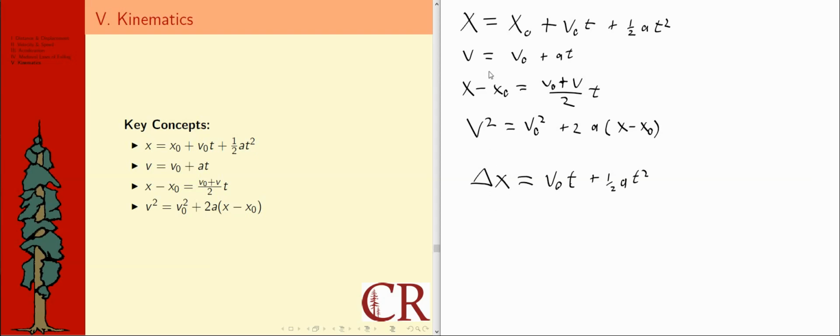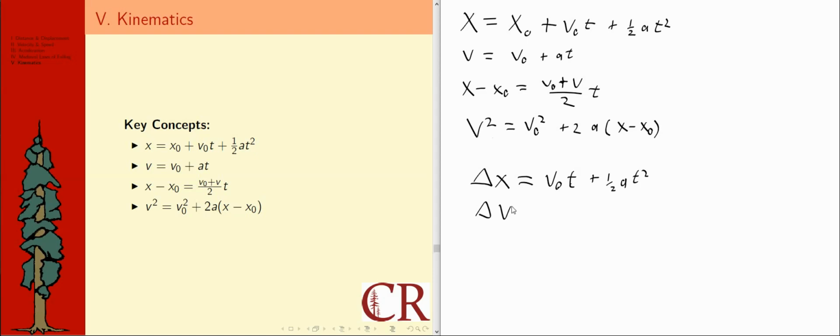Some textbooks will also write x sub f is equal to x sub i plus v sub i t plus 1/2 a t squared, where they're using i and f as the subscripts for initial and final, as opposed to the number 0 and an unsubscripted variable respectively. So again, there are these different notations.